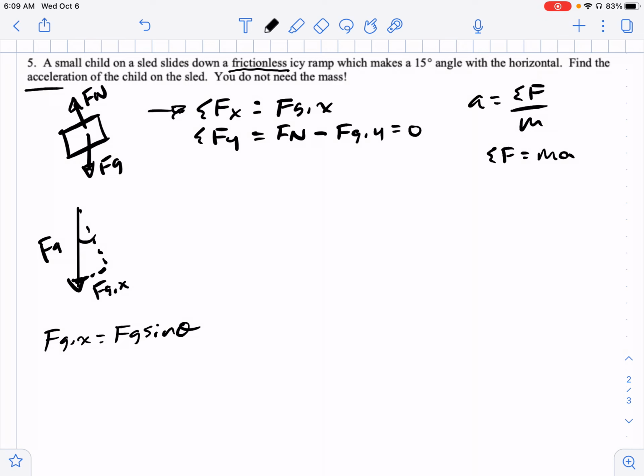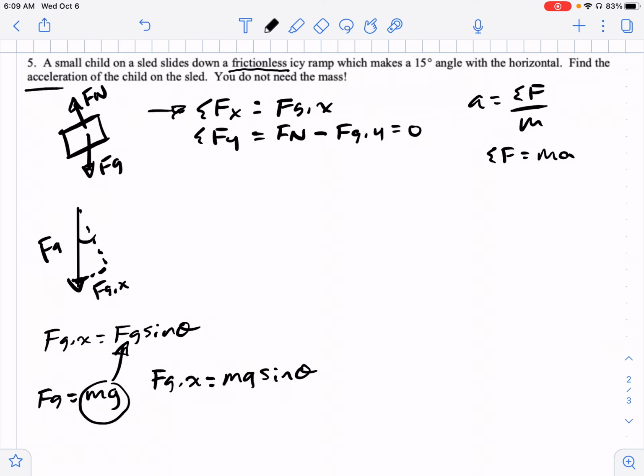We can also do another substitution here, because remember, FG is equal to mg. And what I can do is plug in mg for your FG. So rewriting this, my FGX is going to equal mg sine theta.